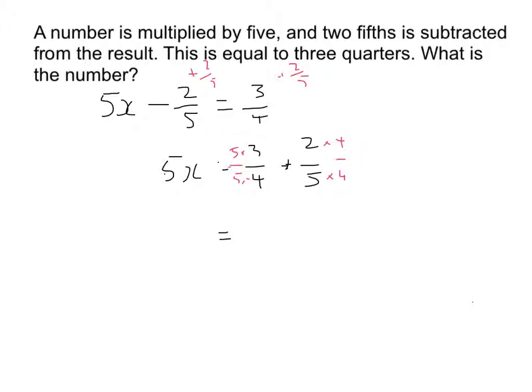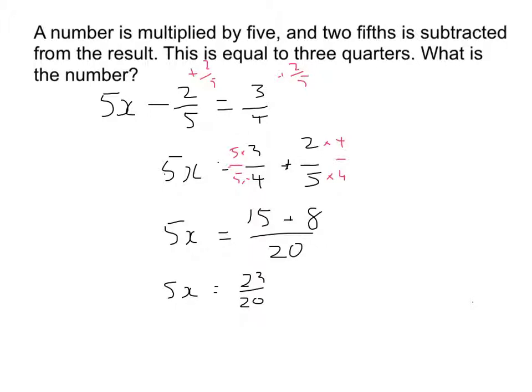And that will leave us with 5x is equal to 5 3s are 15 plus 2 4s are 8 over 20, which gives us 5x is equal to 15 plus 8 is 23 over 20.